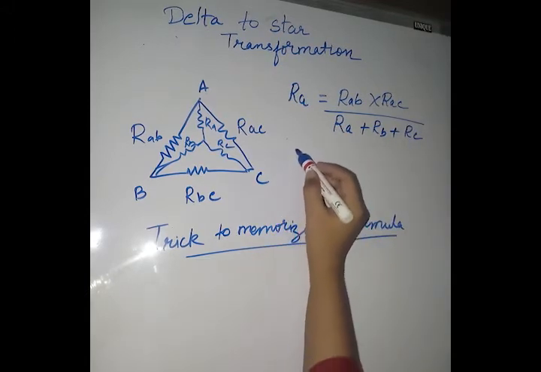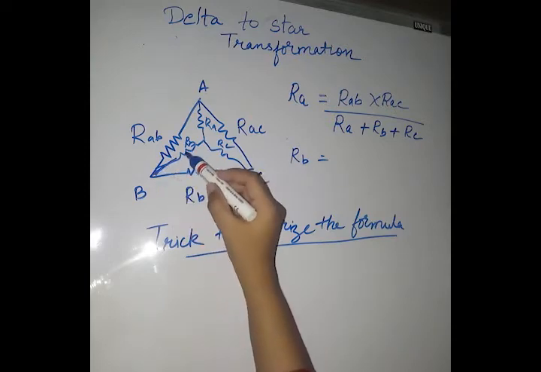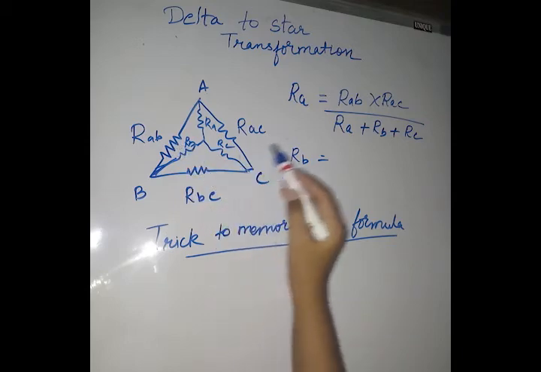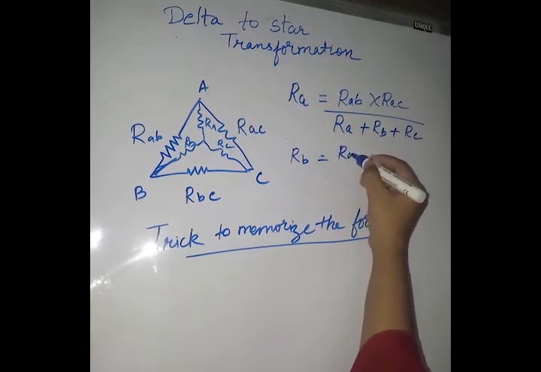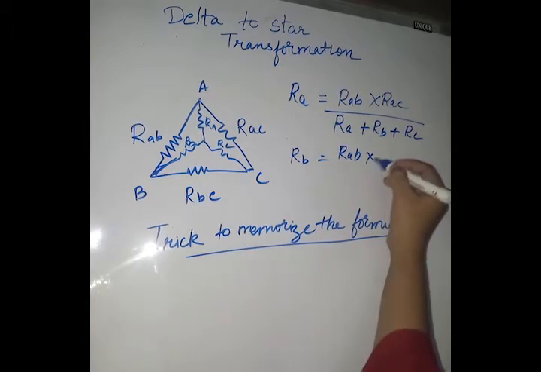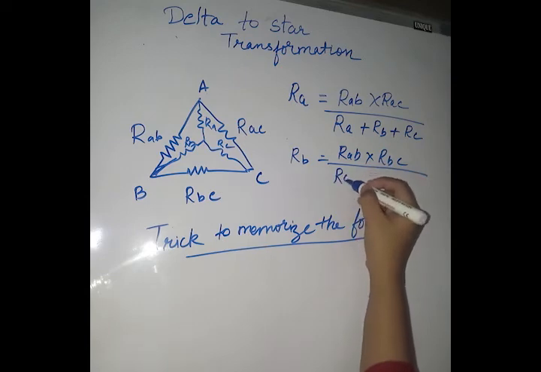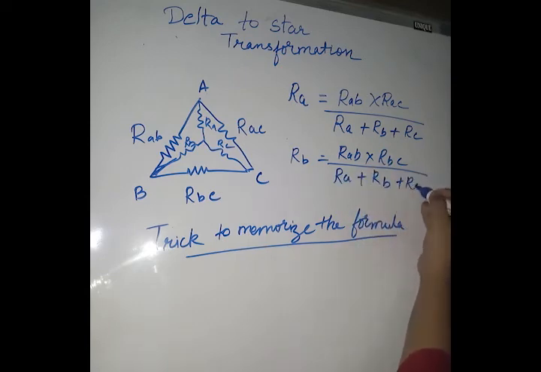Similarly for RB, the adjacent or beside resistance multiplication we will take, that is RAB into RBC divided by summation of star connected resistors, that is RA plus RB plus RC.